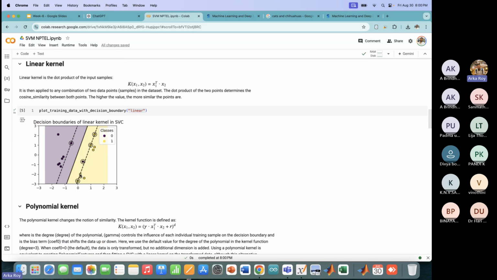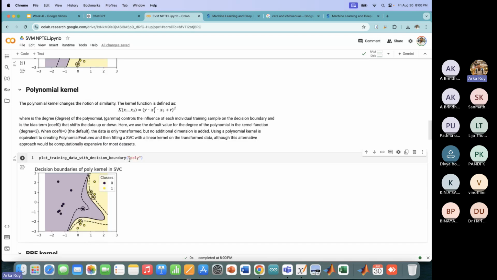However, when you use polynomial kernel, you can see your decision boundary is more complex. This is somewhat a wiggly line, and these are the support vectors. Using this particular decision boundary, you are immensely increasing the margin of the classification for both the classes.